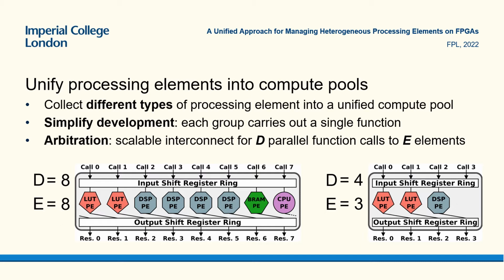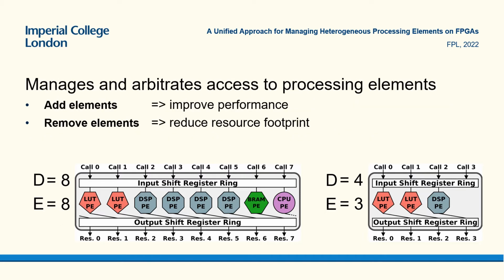A pool would be composed of E processing elements and able to serve D parallel function calls to its implemented function. These centralized compute pools are logically, not physically, centralized, and use a scalable interconnect to manage and arbitrate access to the E processing elements inside the compute pool.